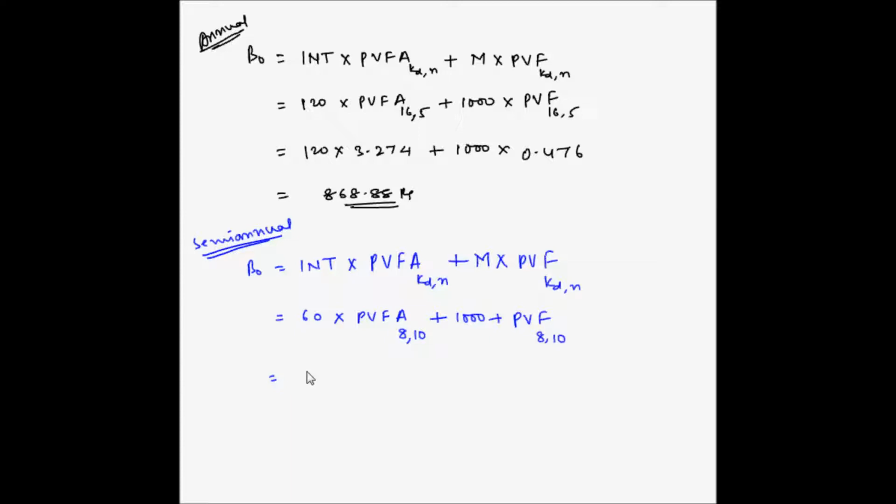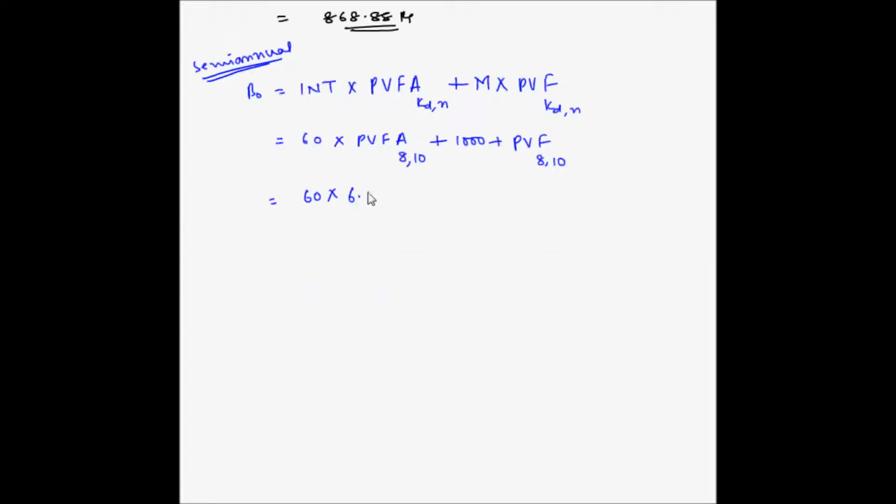So this is equal to 60 into 6.710 plus 1000 into 0.463. So this comes out to be 865.6 rupees.